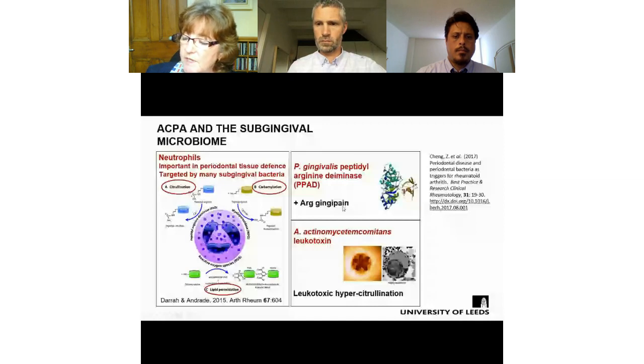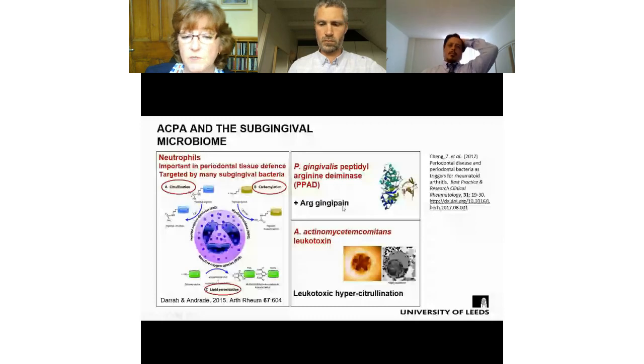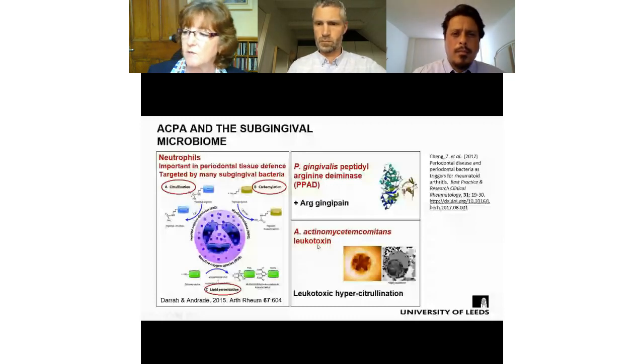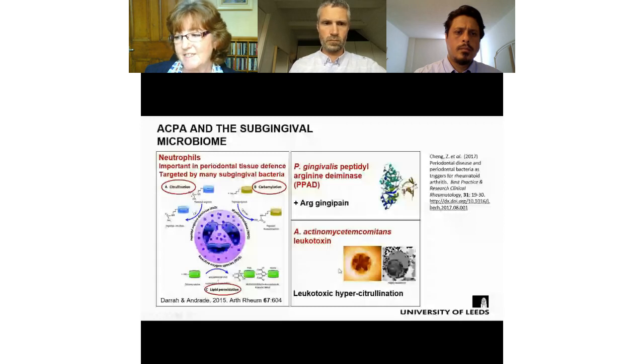This is able to citrullinate arginines that are terminal, so it works in concert with the arginine gingipain, which cleaves proteins at arginine sites, creating that terminal arginine, which is subject to the action of the PPAD enzyme. Aggregatibacter actinomycetemcomitans, otherwise referred to as AA, produces a leukotoxin, which is also involved in the mechanistic generation of autoantigens that produce the ACPA antibodies.